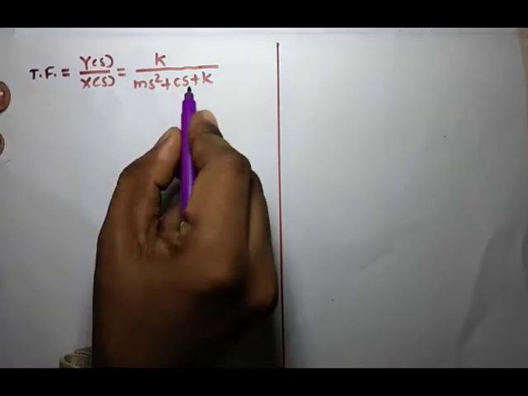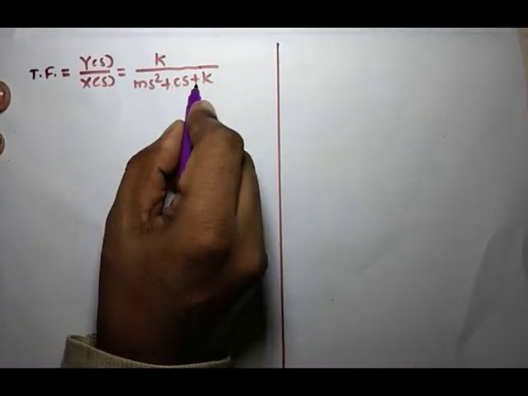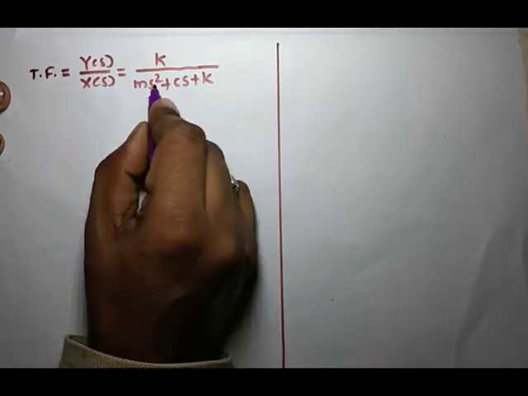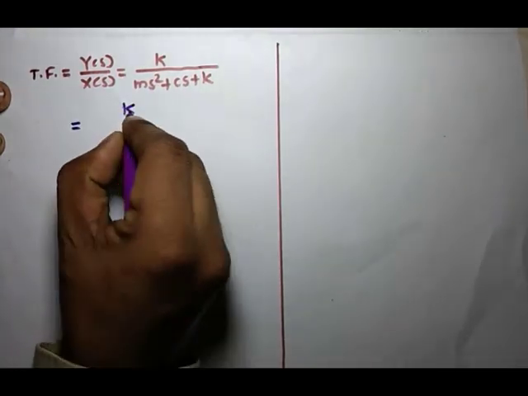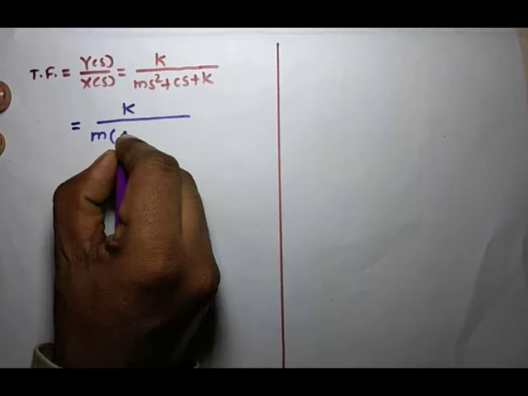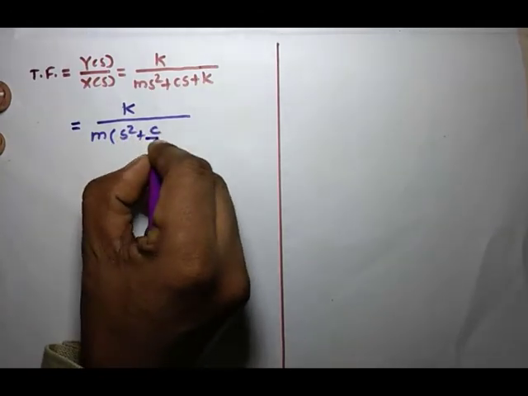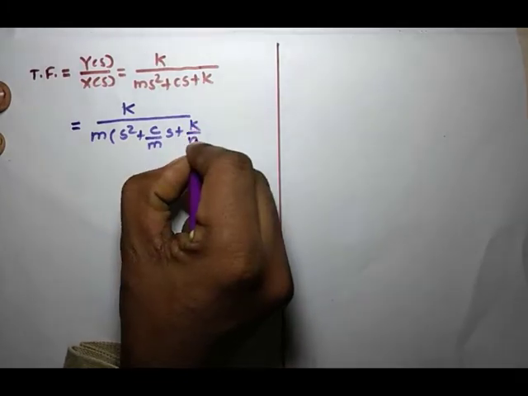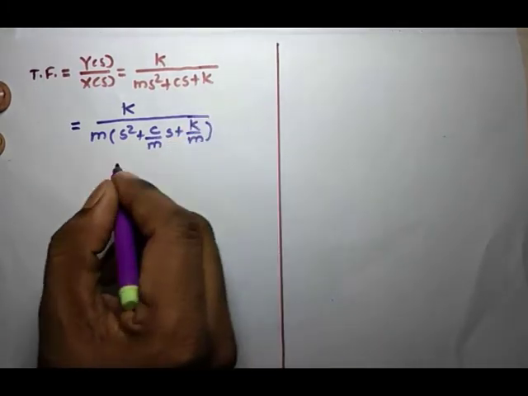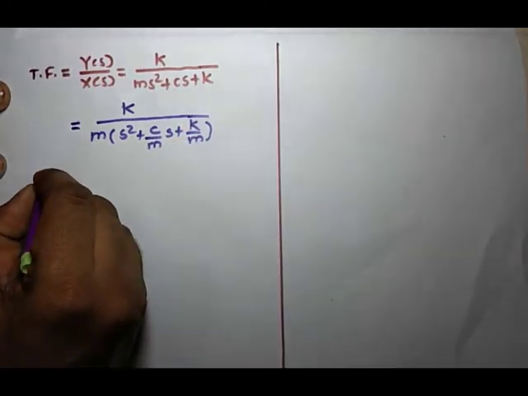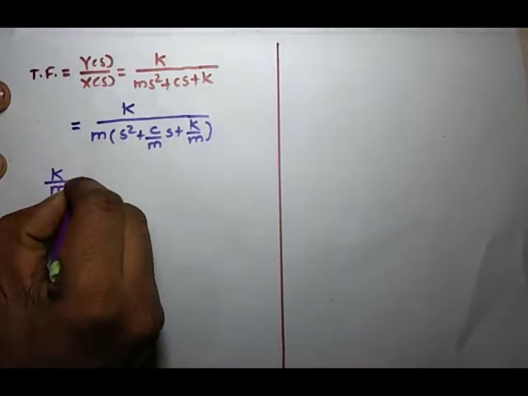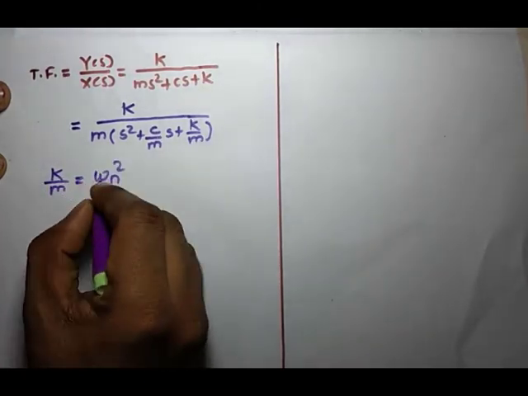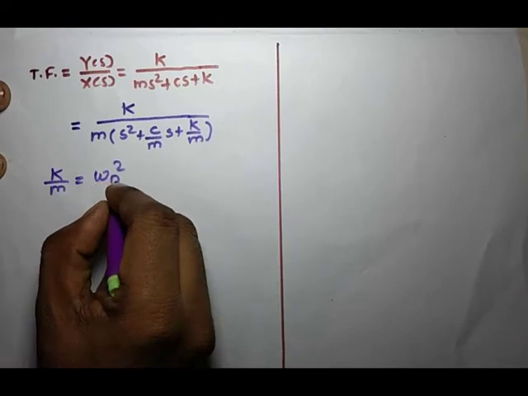So for that, from the denominator we will take m common out of this equation, then k over m into s square plus c upon m into s plus k upon m. As per the definition, we know that k upon m is omega n square, and omega n is the circular natural frequency of the system.